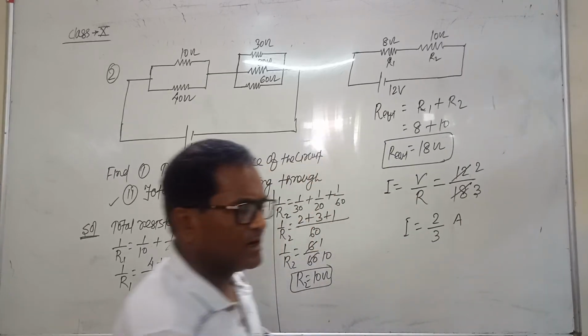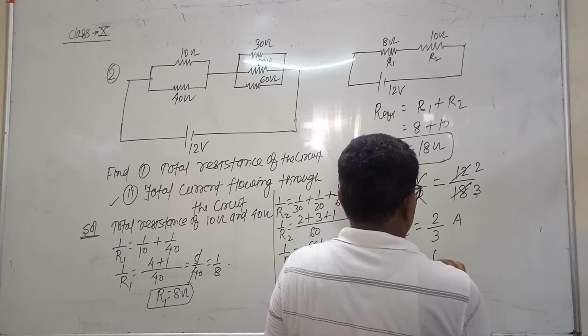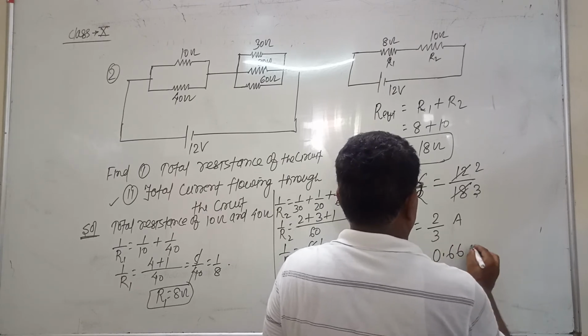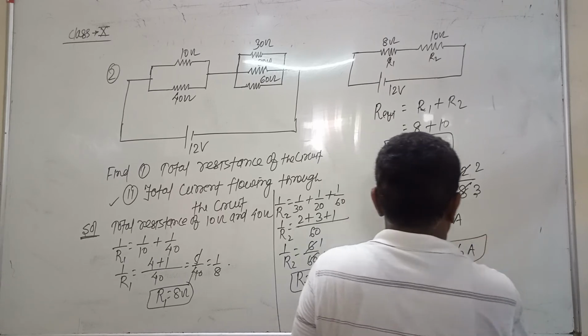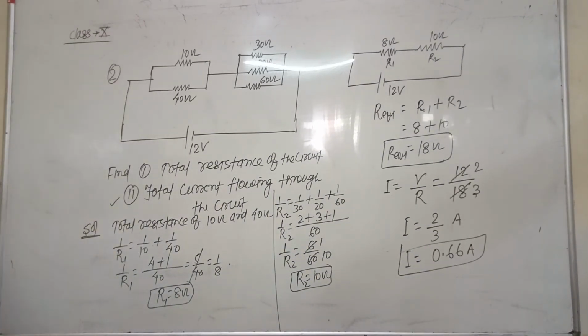This is the total current. I equals 2 by 3 ampere, which is around 0.66 ampere. So total current is 0.66 ampere, and the total resistance comes to be 18 ohm.